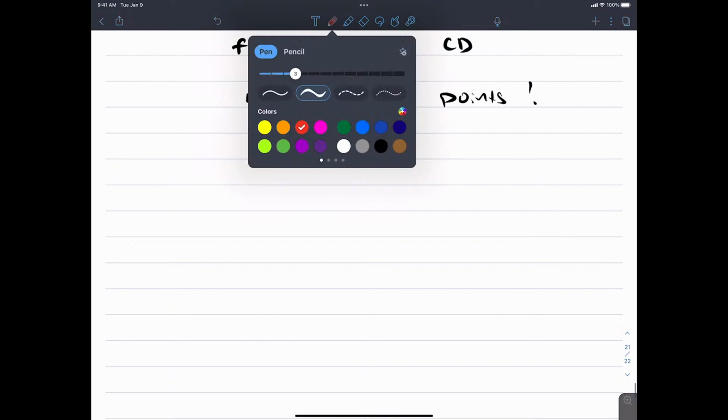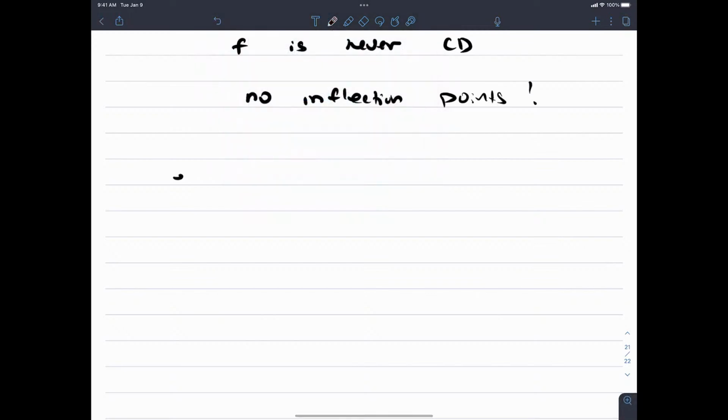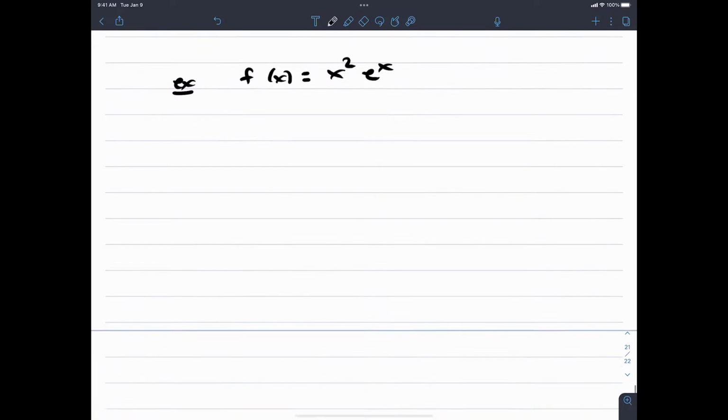Anyway. All right. Oh, you say, what about this one? Should have you guys try this one. What if they gave you this function? F of x equals x squared e to the x. Find where f is what? Increasing and what? Decreasing.